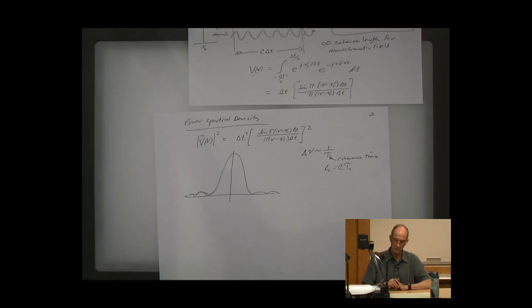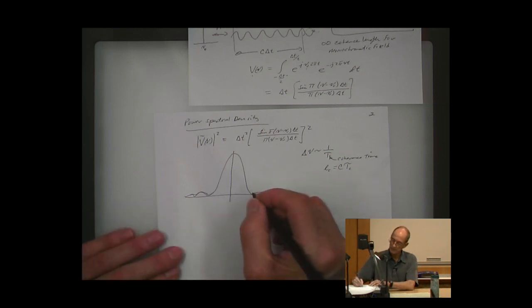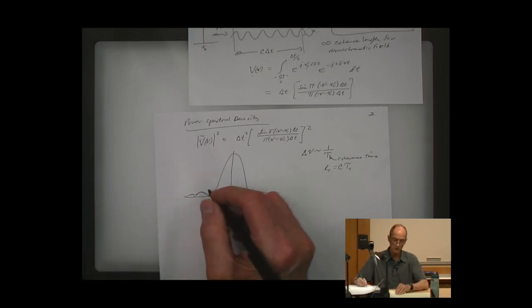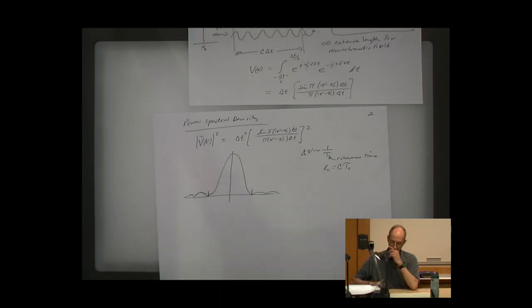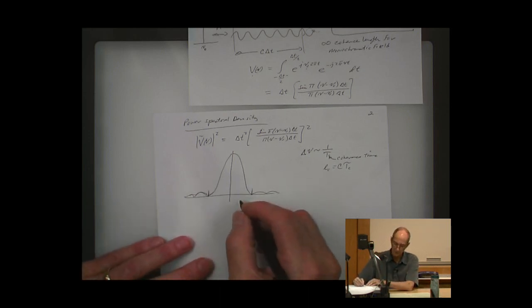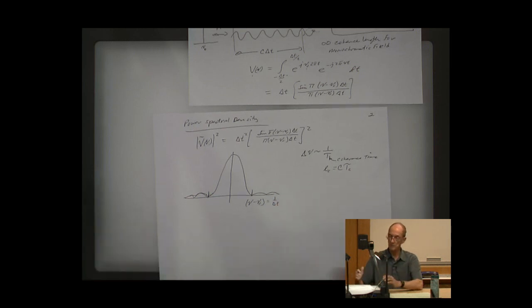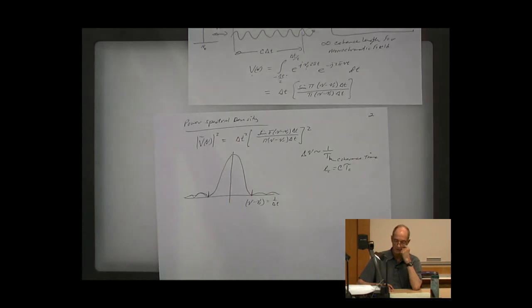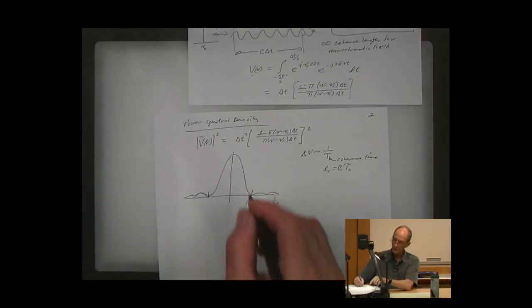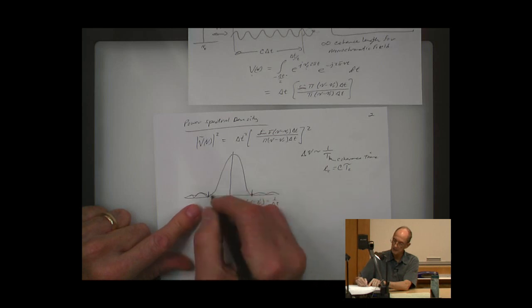One question that comes up, though, is what is the actual value that we would have here for the width? If we take this to the first nulls, this is going to be when nu minus nu 0 is equal to 1 over this time interval, the sampling time interval that we had between those two pulses. So we have that value on this side and a null on that side.